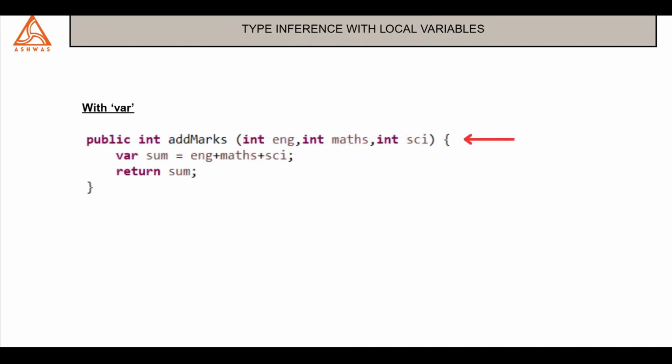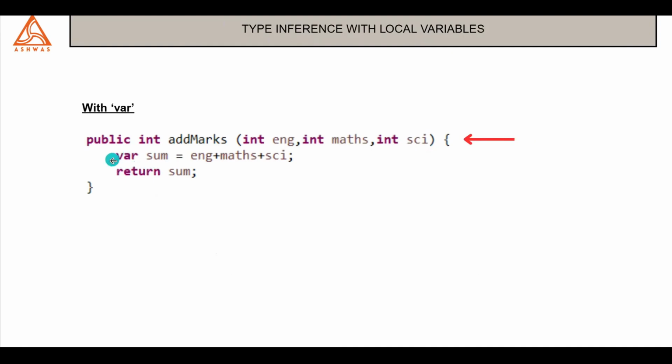Let's understand how the shift has happened here. I have a modified piece of code. Even now, I have my business method, add marks. I'm taking in 3 parameters, but look at the way sum is declared.